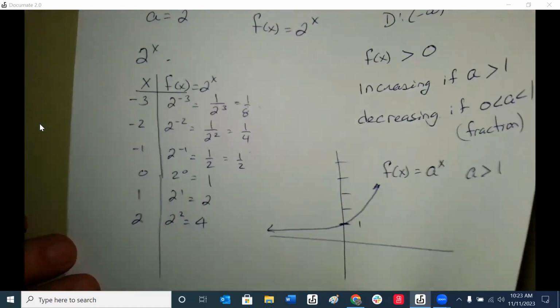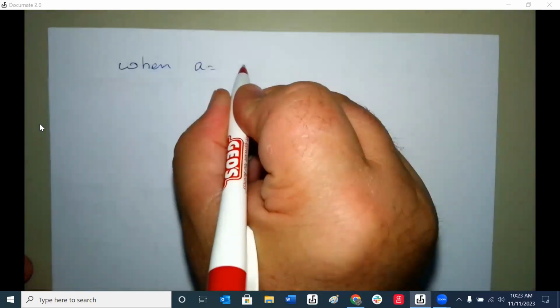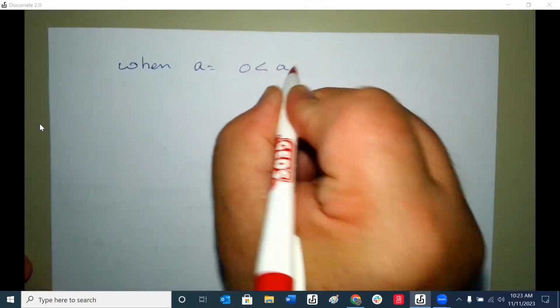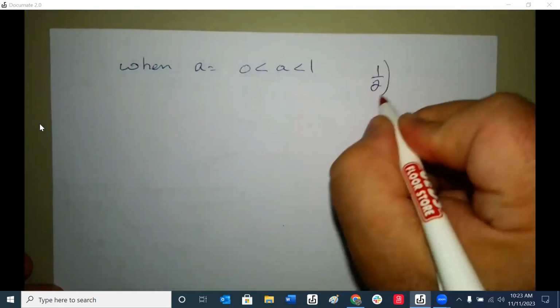All right. So let's see what happens when the base is a fraction. When a is between 0 and 1. In other words, a fraction. Let's say 1/2.